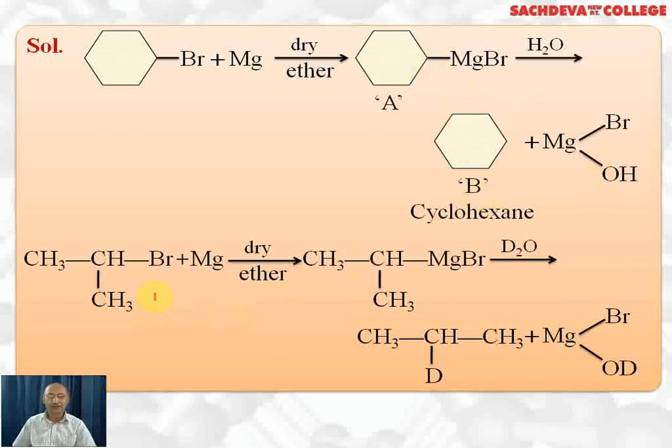Here we have 2-bromopropane which reacts with magnesium and we get isopropyl magnesium bromide. D2O will break down into D and OD. OD will combine with MgBr to form deuteroxy magnesium bromide and D will be attached to this carbon from where MgBr has been removed. So we get deuteropropane as the product.